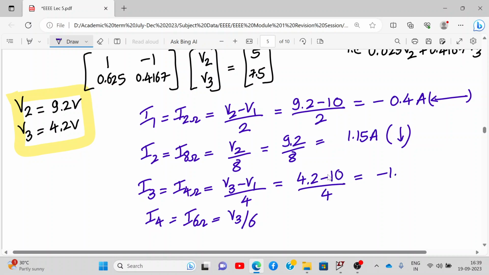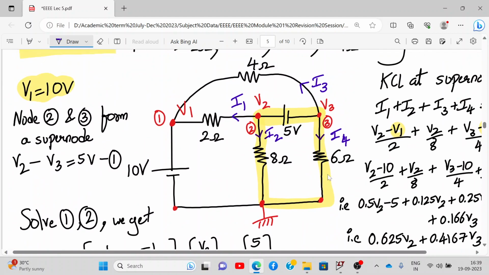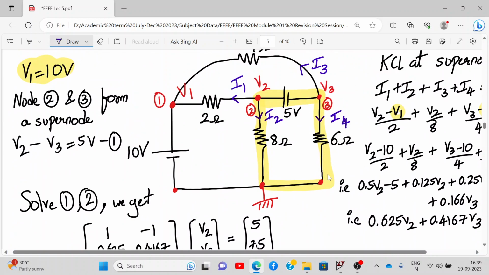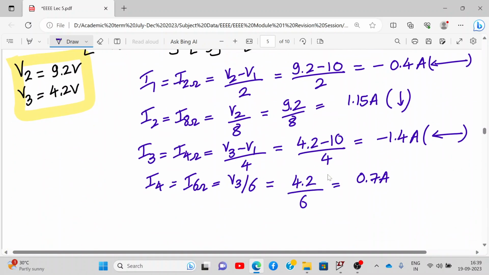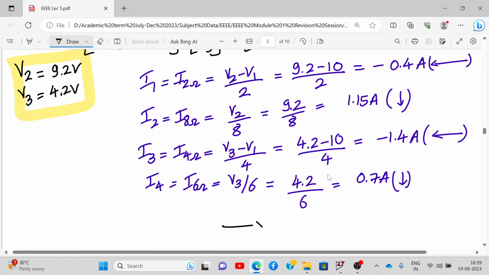This comes out to be minus 1.4 ampere, and the direction of I3 will be going from right to left. Then I of 6 ohm resistance will be V3, 4.2 divided by 6, that comes out to be 0.7 amperes, and the direction of I4 will be from top to bottom. Alright, so these are all the currents which we were supposed to get, and that's it for today's lecture.